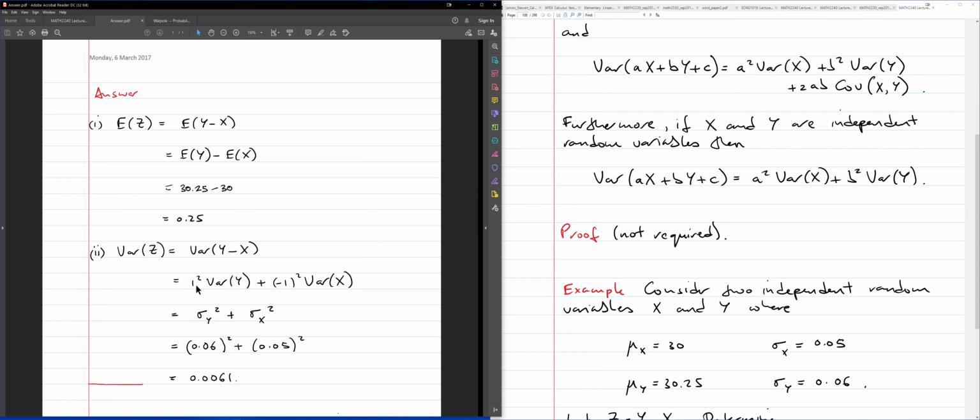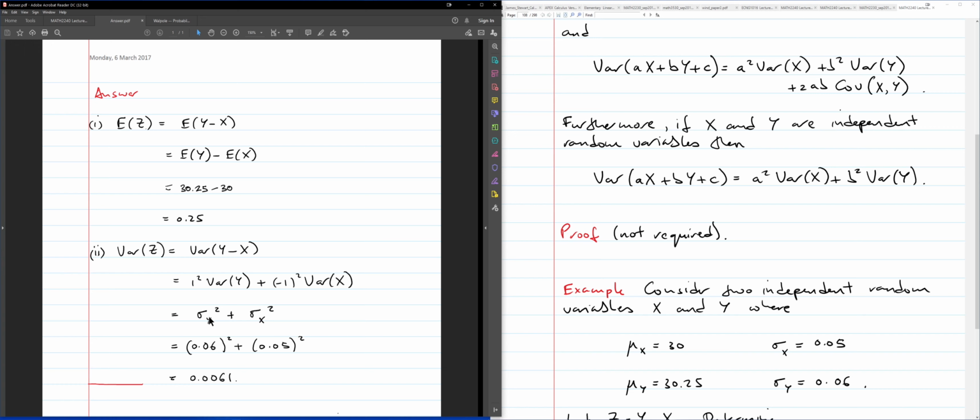So I have from this that the variance of y minus x is equal to 1 squared times the variance of y plus -1 squared times the variance of x. You want to remember that the variance of y is the standard deviation of y squared, and the variance of x is the standard deviation of x squared, and the standard deviations were given to me.